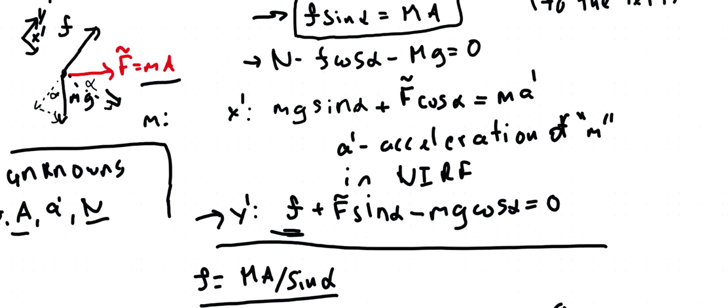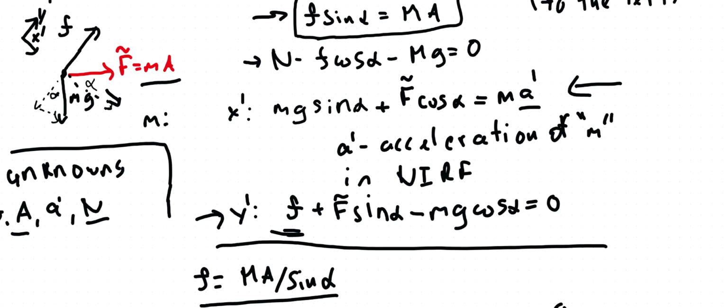So now we have the acceleration of the wedge, and we're going to use that to substitute into this x prime equation here, and we're going to solve for a prime. So that's our next step.